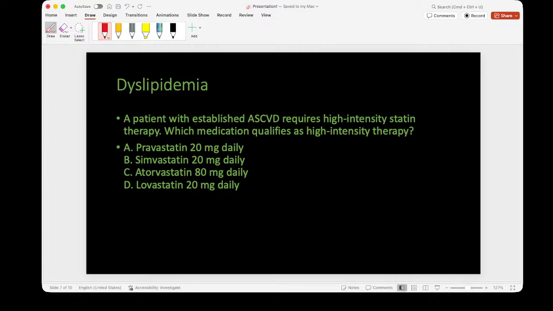It blocks the HMG CoA reductase conversion there, so it will work in that part of the liver. It's pretty interesting.